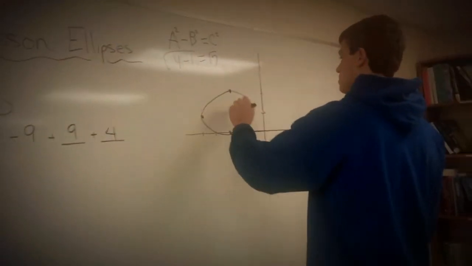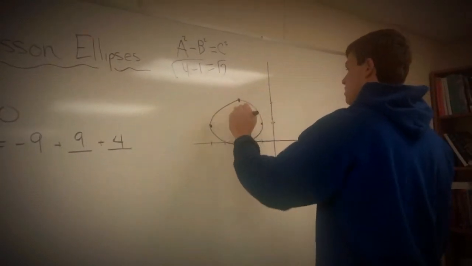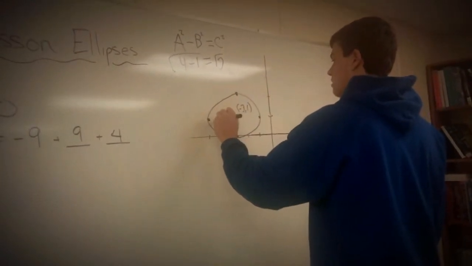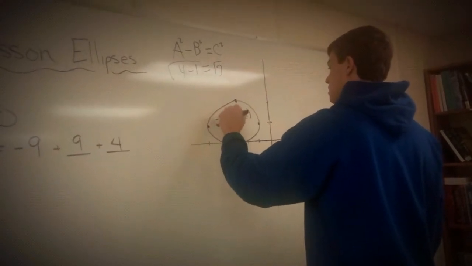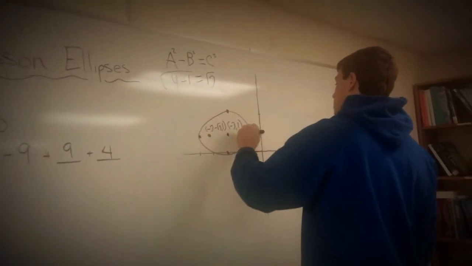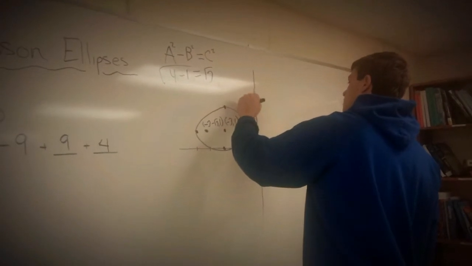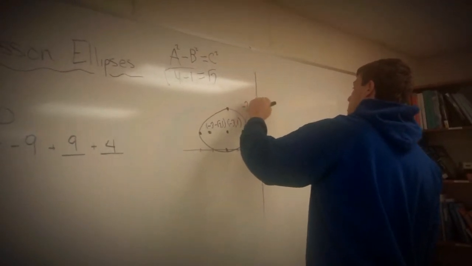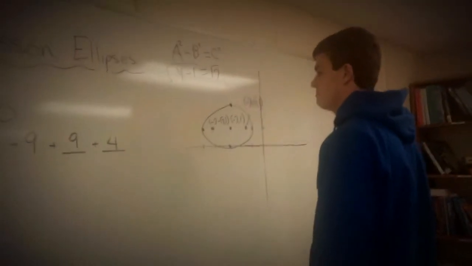So from the center, which is -3, 1, we're going to go over root 3, -3 minus root 3, up 1. And then we're going to go over root 3 again, -3 plus root 3, up 1. And those are our foci.